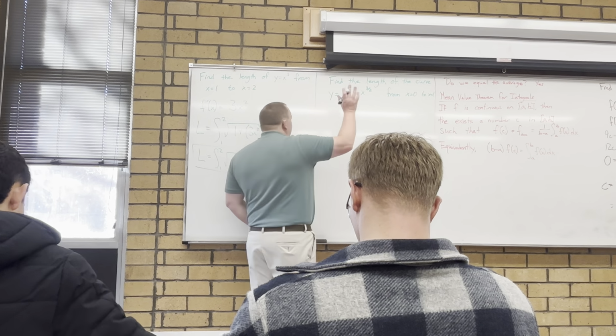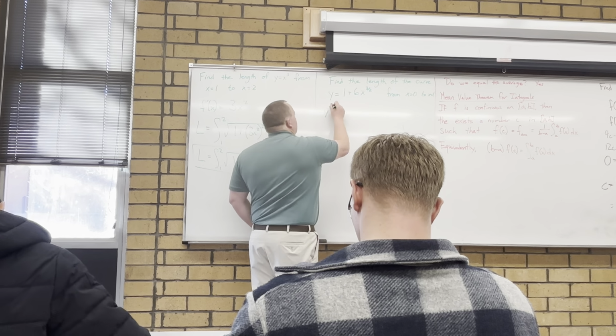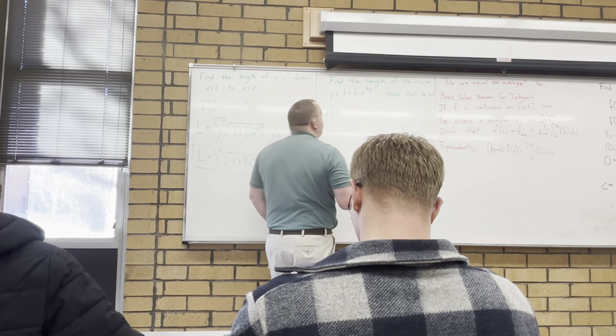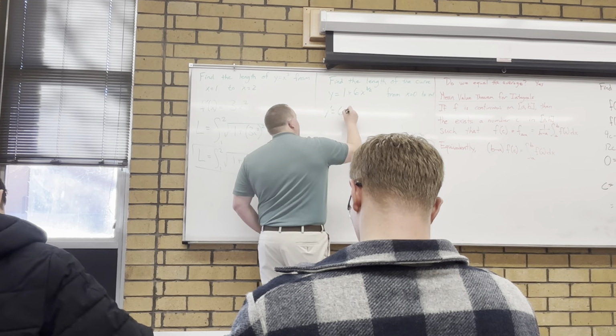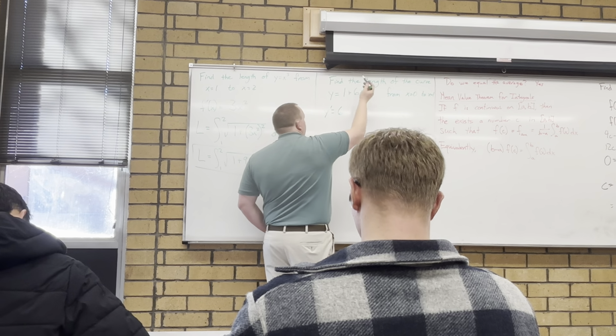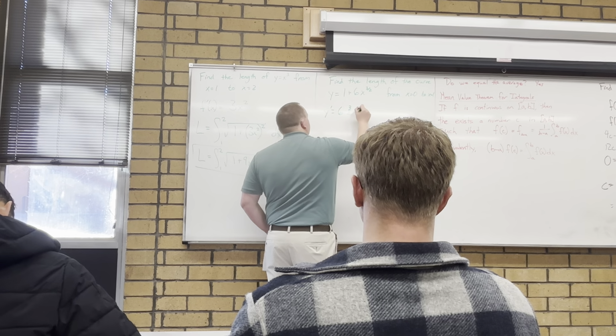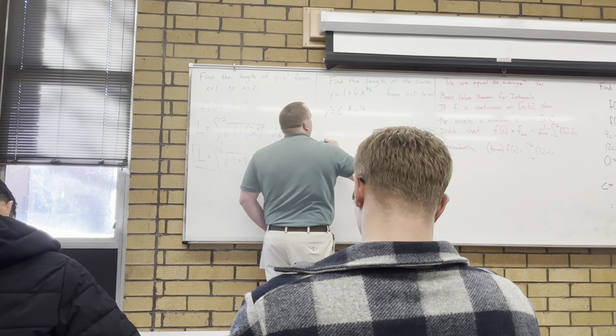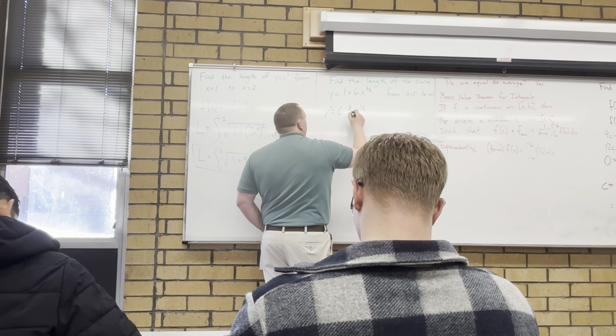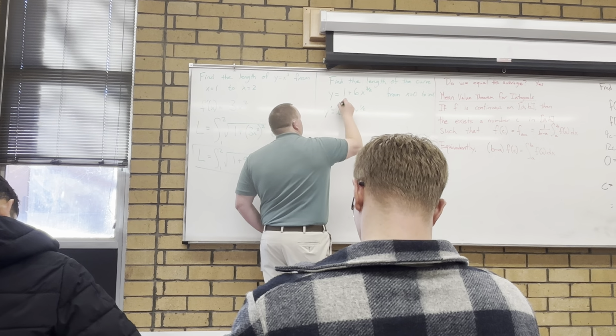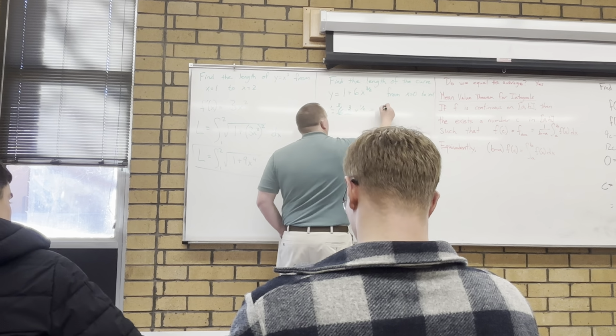Okay, y prime, f prime, I don't care. But I'm going to have 6 times, so the derivative is 1, the 1 plus is 0, and then I'll have 6 times 3/2 times x to the 1/2. So we end up with 9x to the 1/2.